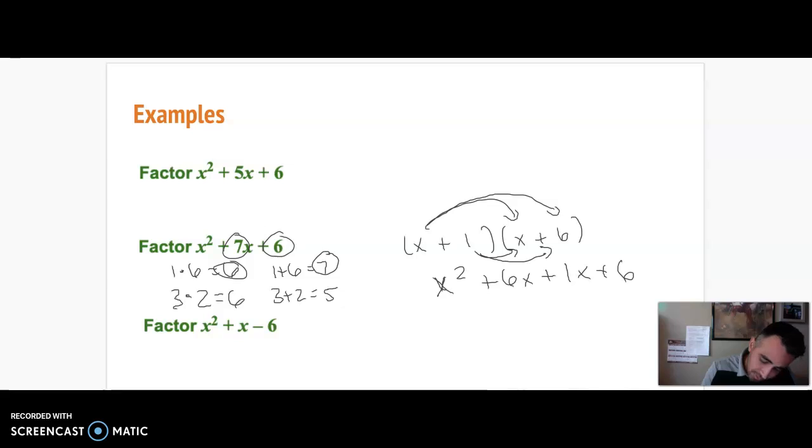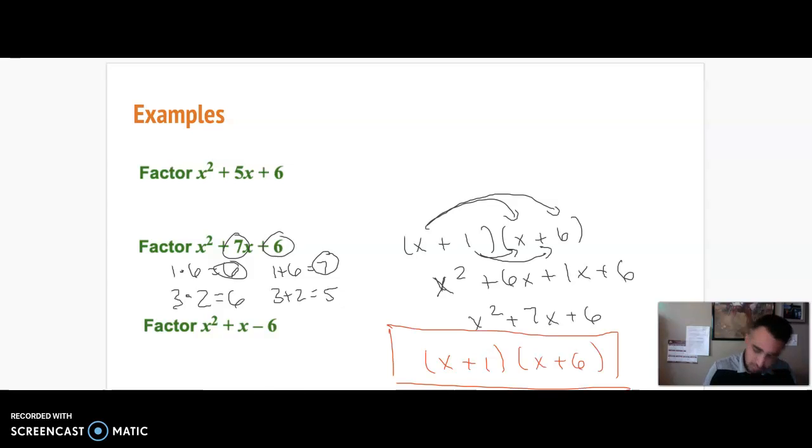And then simplifying, combining like terms, we have x squared plus 7x plus 6, which is exactly what we wanted. Therefore, our final answer is x plus 1, x plus 6. So that'll be our final answer, factoring for number 2.